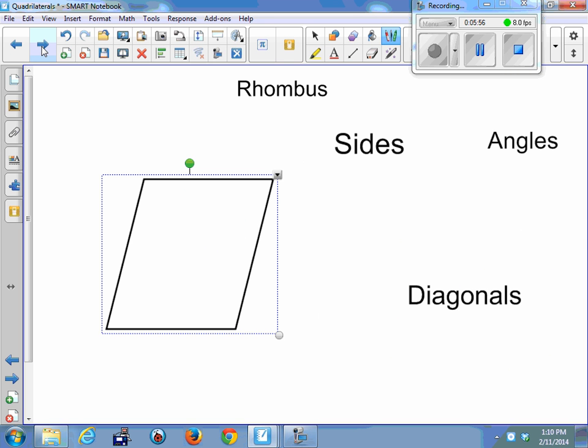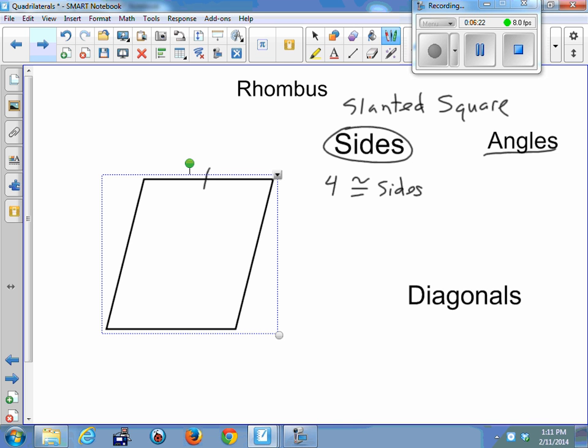Right now we have our rhombus, which, again, I like to call a slanted square. It is still a parallelogram. It loses the angle part, but the sides stay the same. So four congruent sides, all these sides are the same.